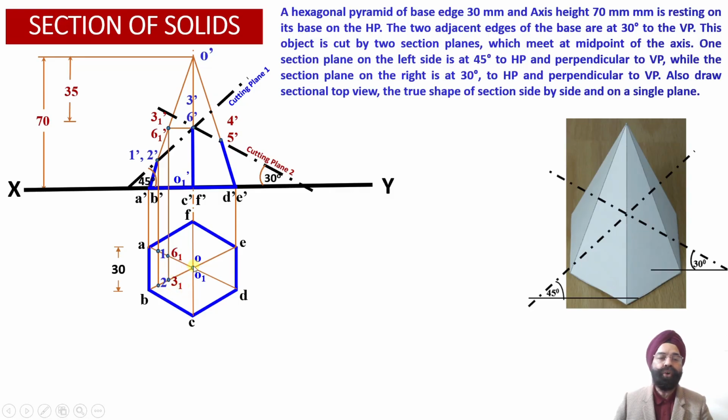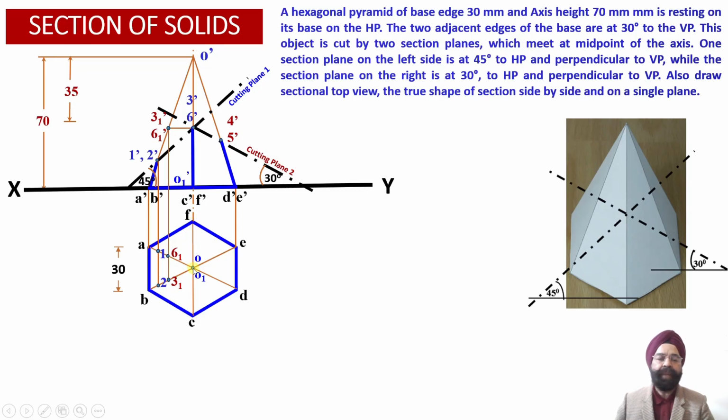Now what we have to do, with O as the compass point, we open the compass equal to O6'1 and mark this radius, or transfer this radius, onto the slant edge OF.